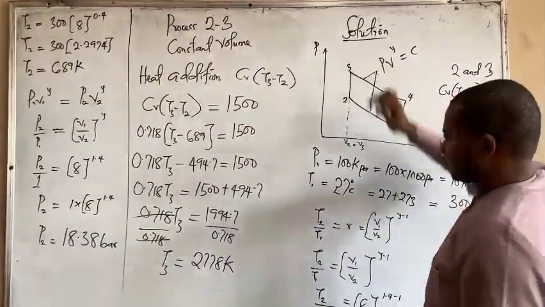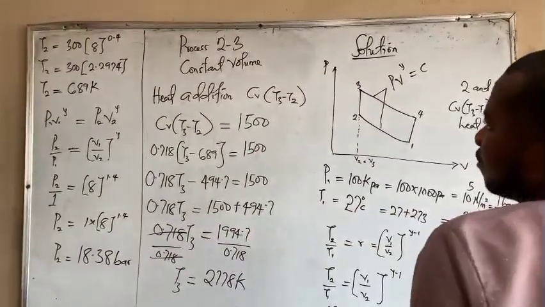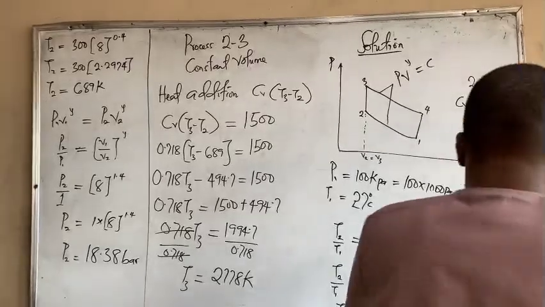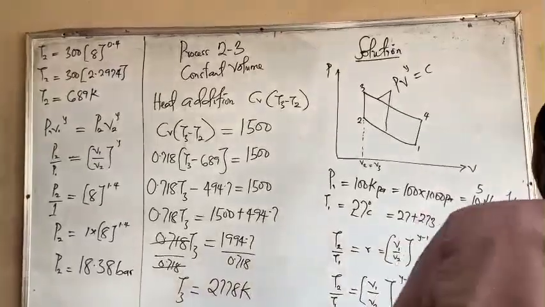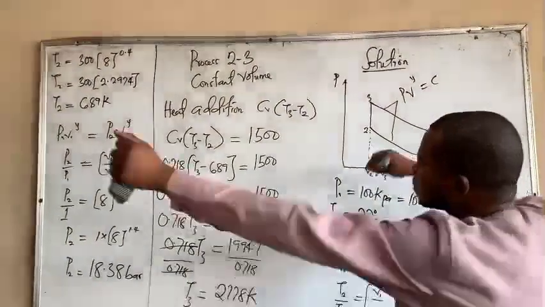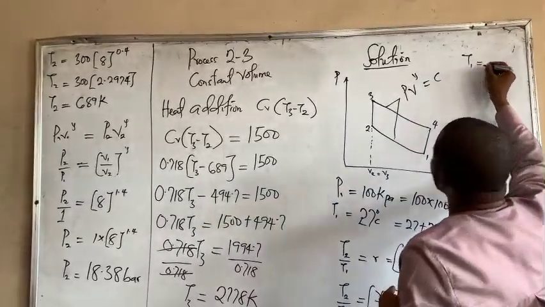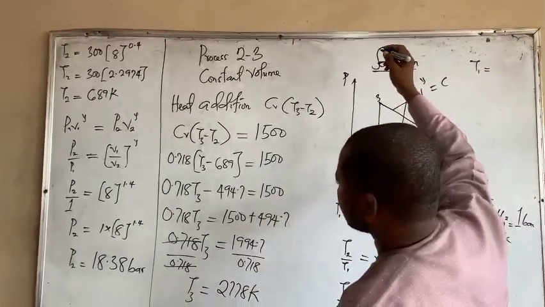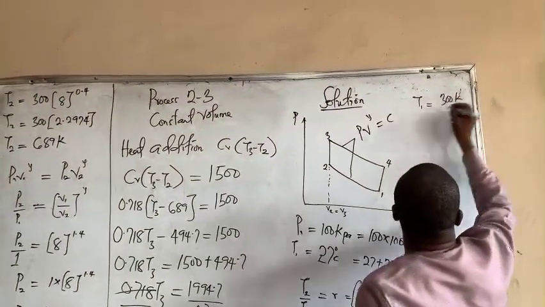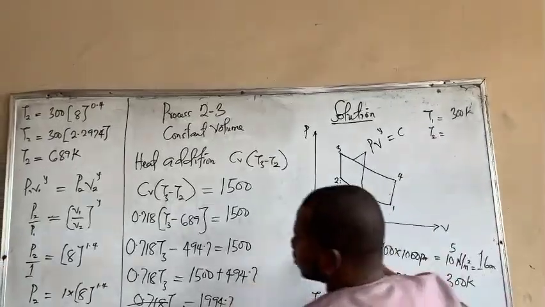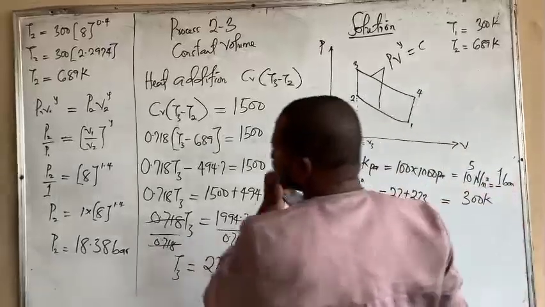Now, having gotten all of this, lest I forget, I want to clean up the board. Let me just write down the parameters that we have, as there is limited board space. Our T1 was 300 Kelvin. Our T2, from what I've generated, is 689 Kelvin.